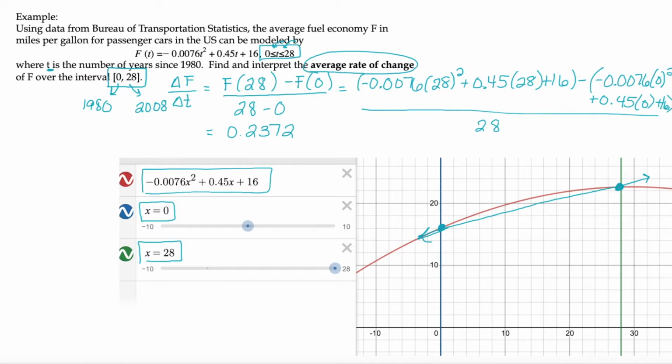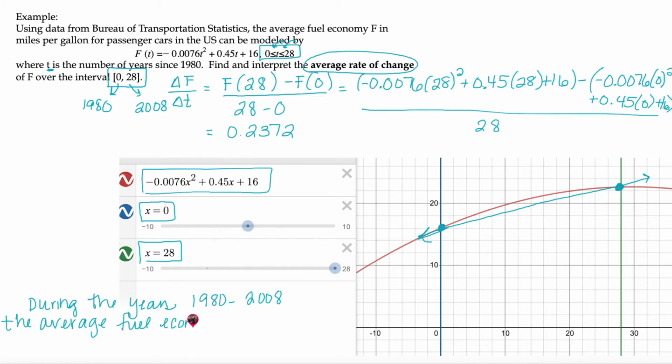So to interpret this, it tells us that during the years 1980 to 2008, those 28 years, the average fuel economy of passenger cars in the US increased.